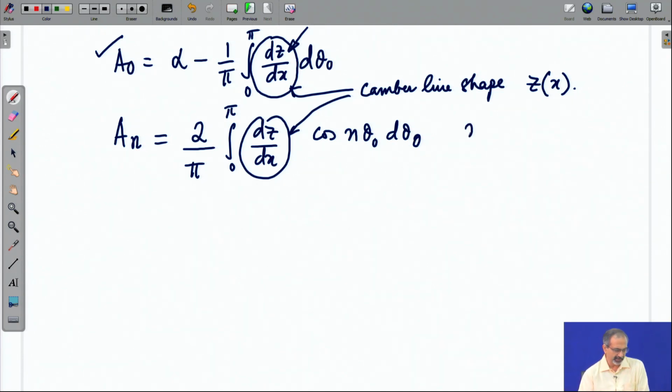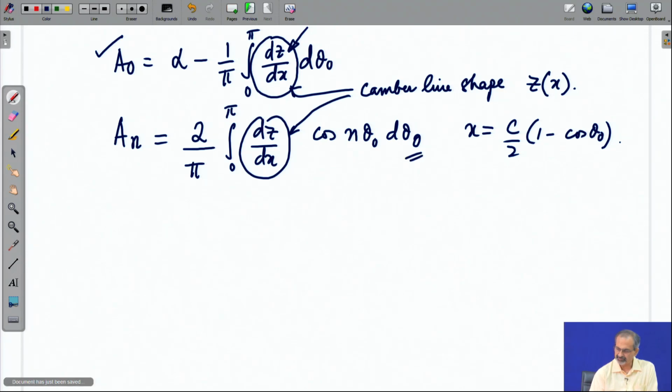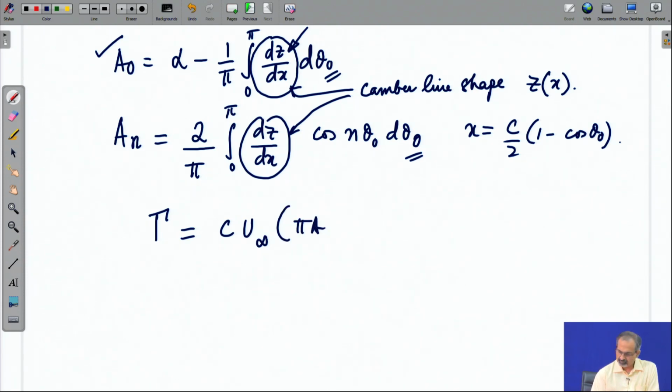So, you remember that a specific location x is dependent on this angle theta naught. So, that is what figures over here. And the final result which comes out by integrating that gamma along the entire length of the chord comes out to be like this, where only two of the coefficients are necessary to be substituted.